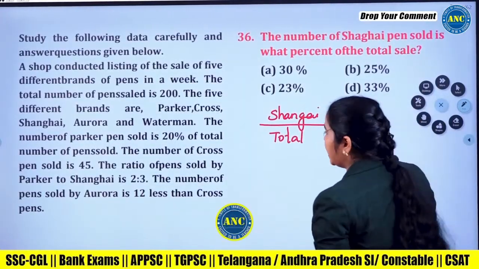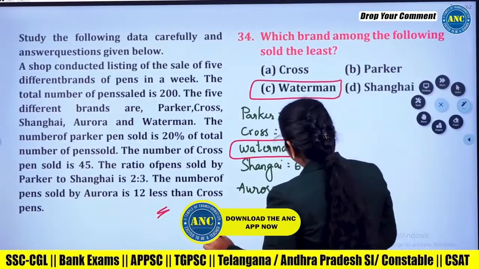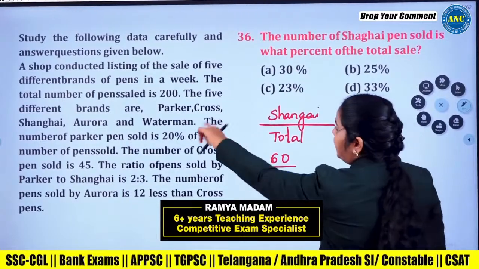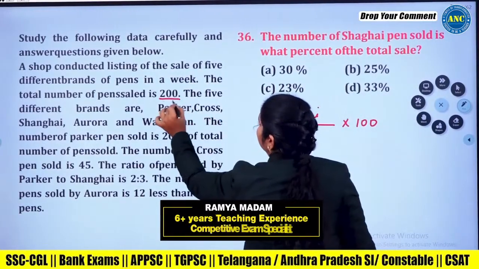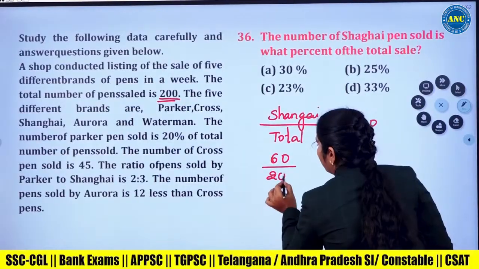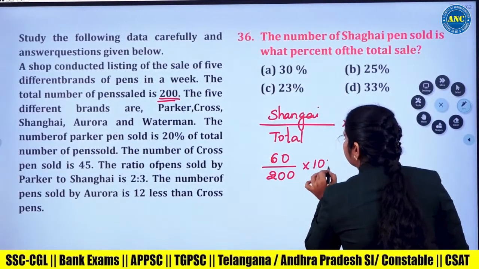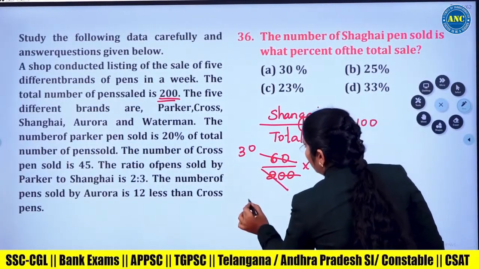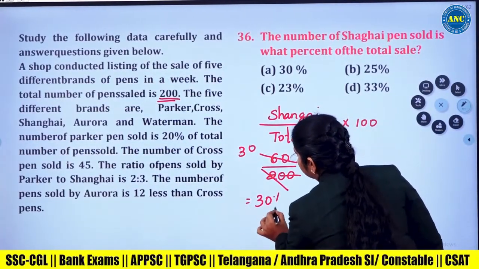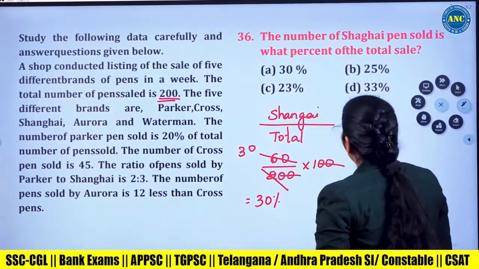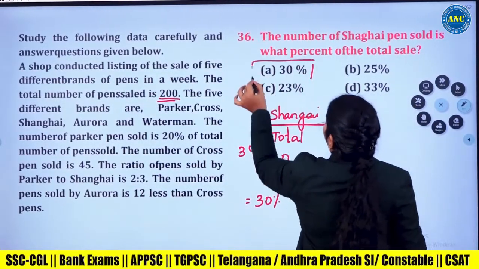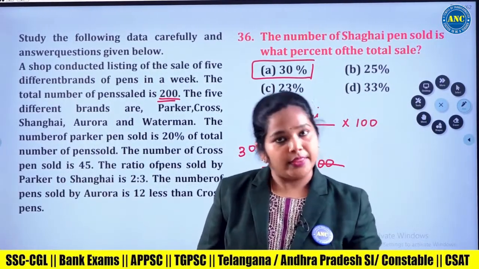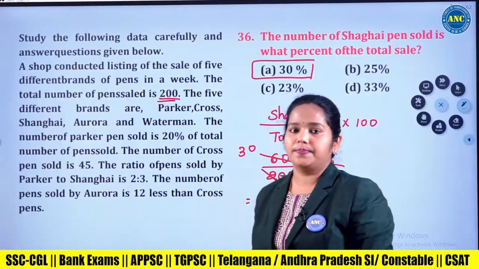Shanghai pens are 60. 60 by the total pens sale, 200, into 100. 2 ones are 2, 2 threes are 6, so it is 30%. Option A, 30% is the correct answer.